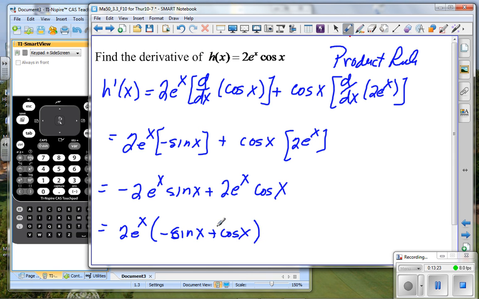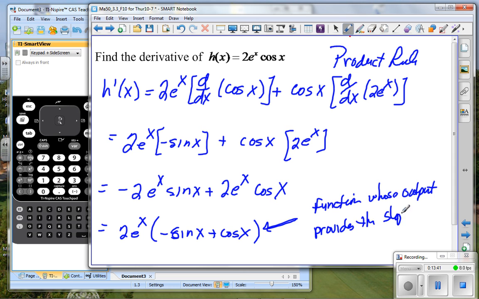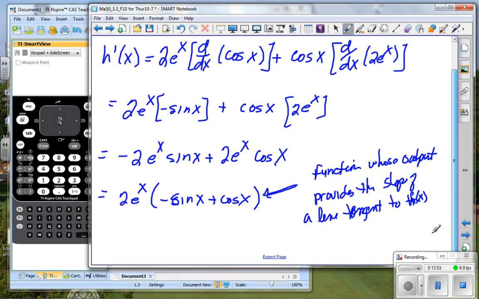And again, we can remind ourselves, this is a function whose output provides the slope of a line tangent to f of x, in fact, in this case, g of x at a point.